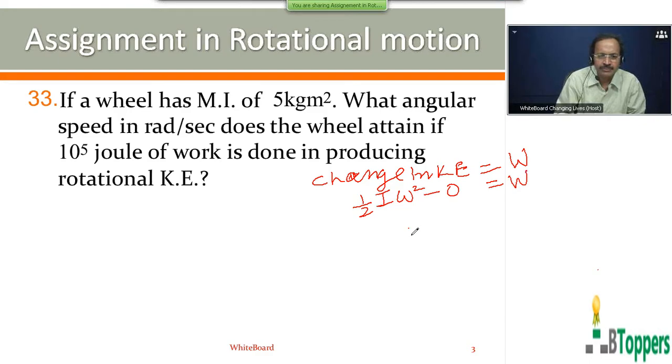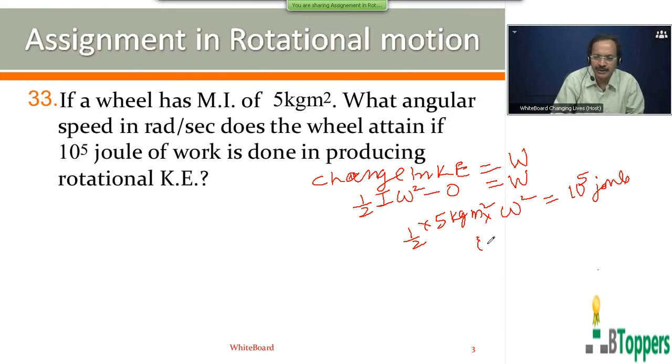Here the moment of inertia I is given to be 5 kg meter square, and the work done is given as 10 power 5 joules.